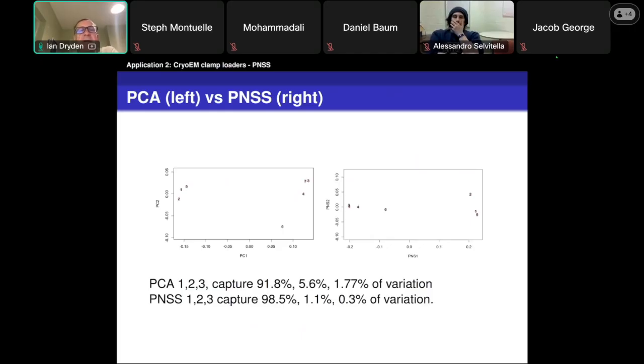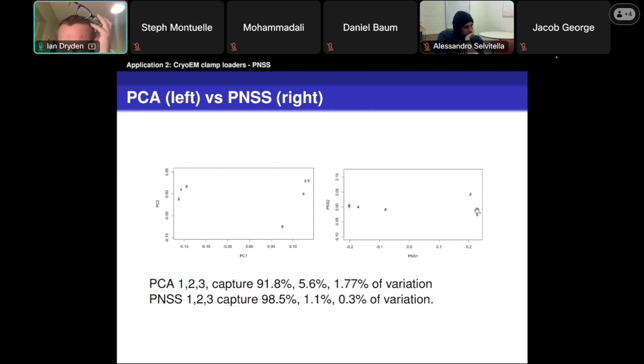When you do PCA or PNS, you get the following plot. So with PCA, you've got 3 points miles away from the others, and quite a bit of variability in the second direction as well. And for PNS, they more or less lie along a straight line, but not quite.